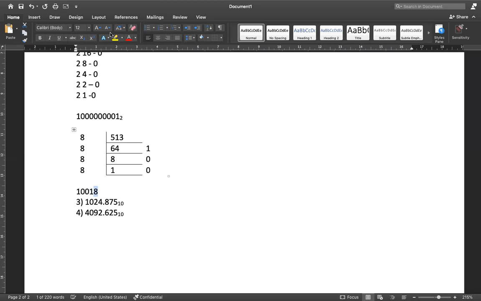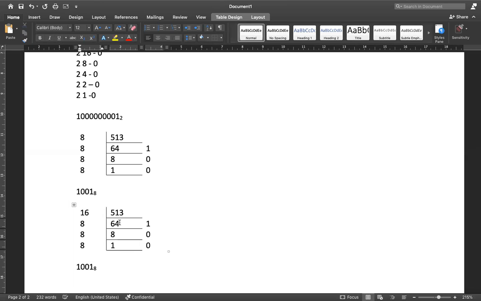Then the hexadecimal one. You can use the same method. Copy this and just divide by 16 this time. When you divide by 16, the answer will be 32, remainder 1. Then again divide by 16, this is 2, remainder 0.